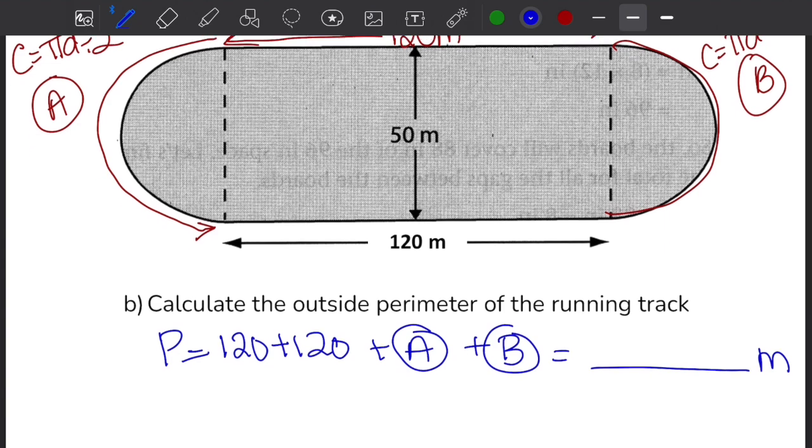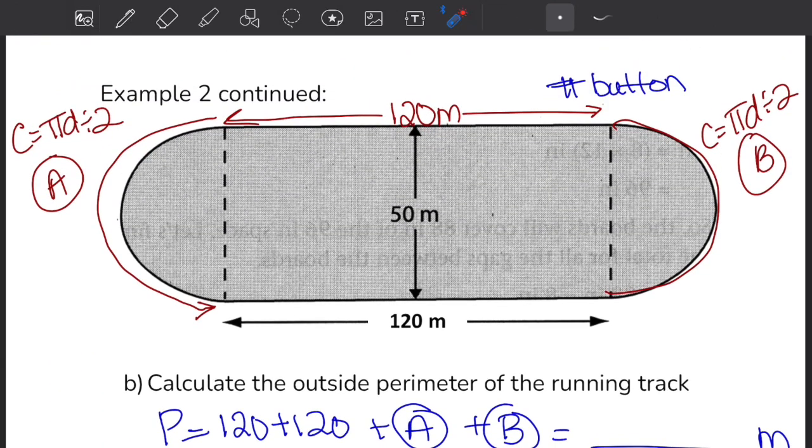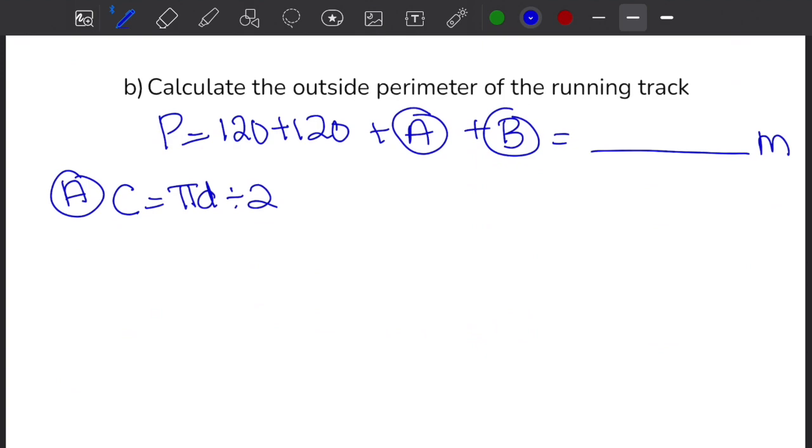Okay, all right, we're almost there. So you're going to notice a lot of repetition here because it's pretty much very similar to the estimation. So for the first part, for part A, so that's this one right here, we're going to calculate this circumference. Now remember that this is 50 meters, and here the diameter is also 50 meters. So I'm going to write pi as is because I'm using the pi button.